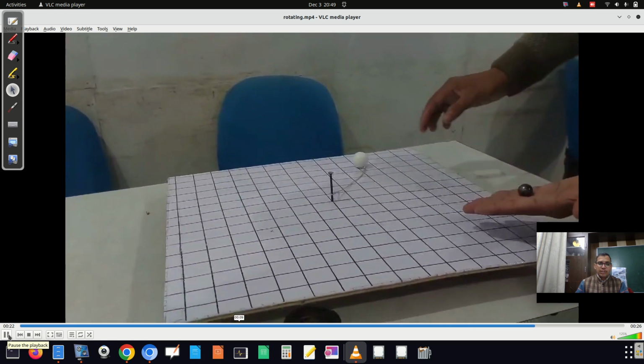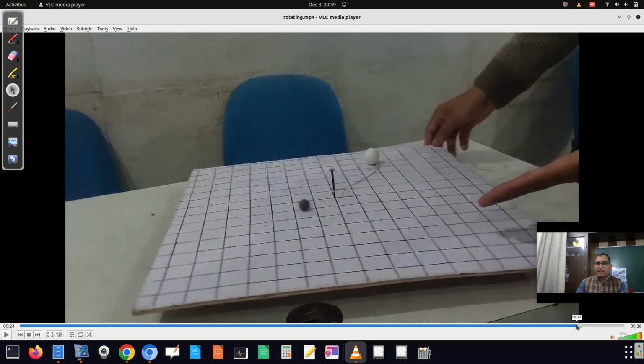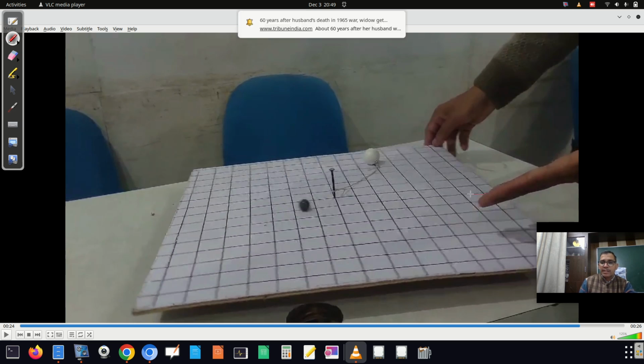I just put it on it and rotate it. Just see. It is a ball, meaning I have thrown the ball from my hand in this way. It will go like this.